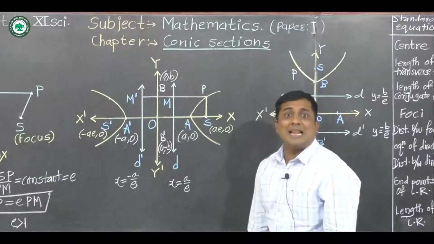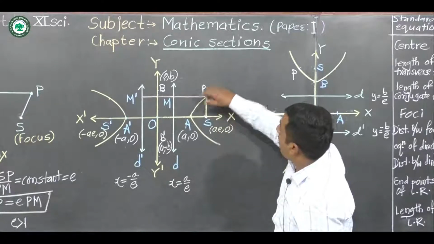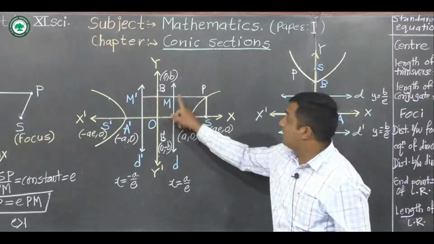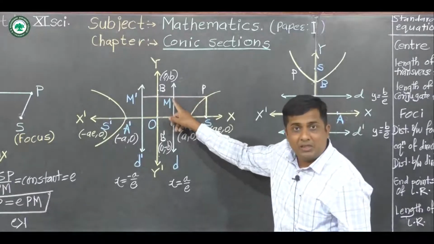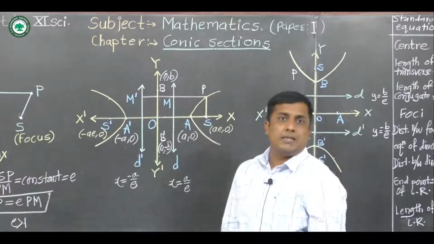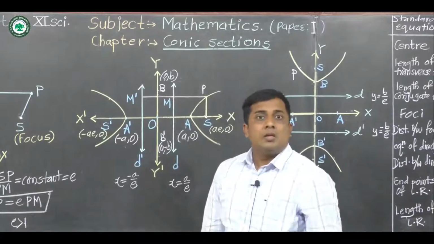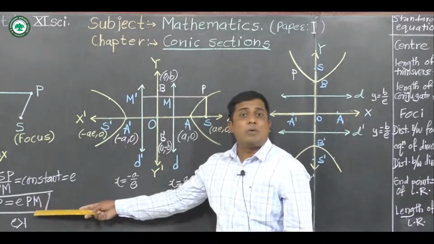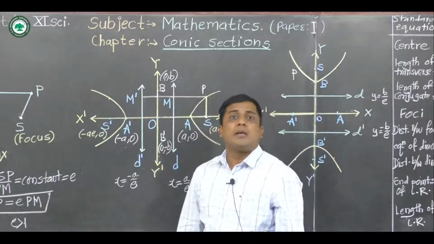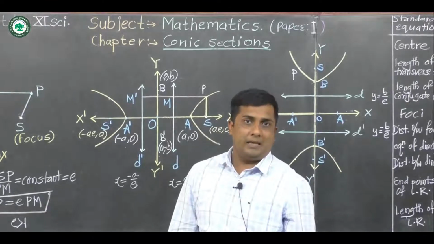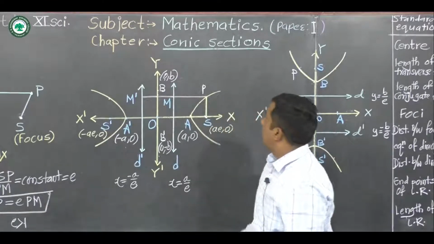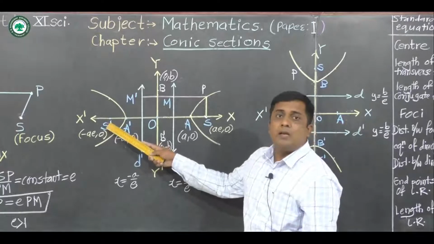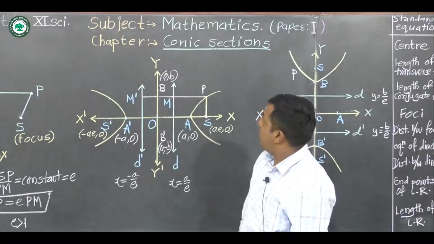Here we consider the ratio SP upon PM. This ratio is a constant and is E. So we get SP is equal to E times PM. That is, we get the focus-directrix property. Similarly, S dash is the focus point.